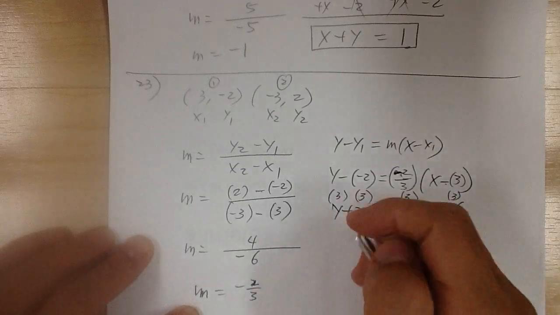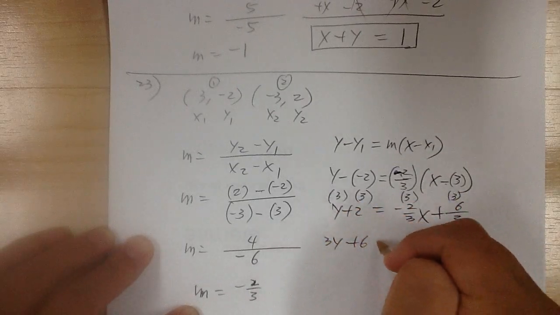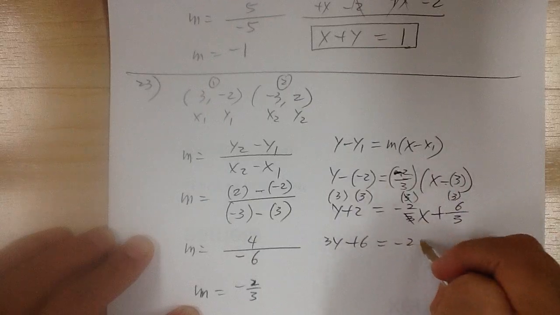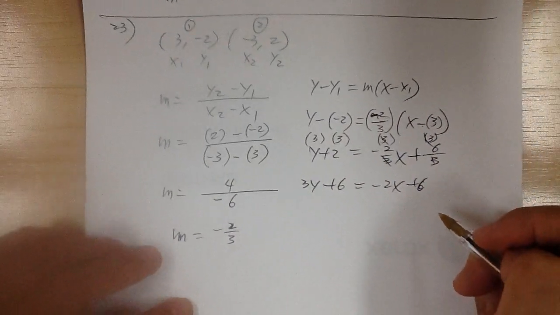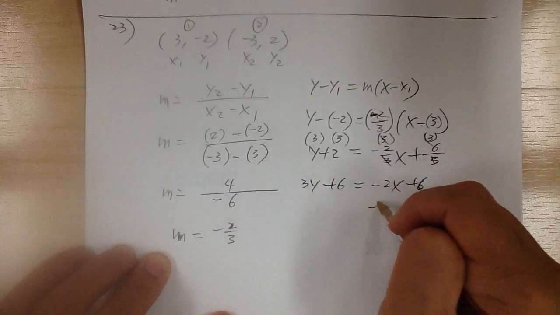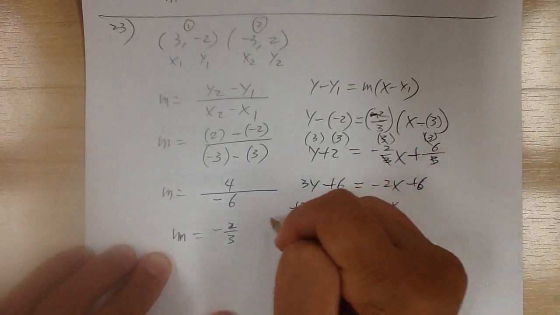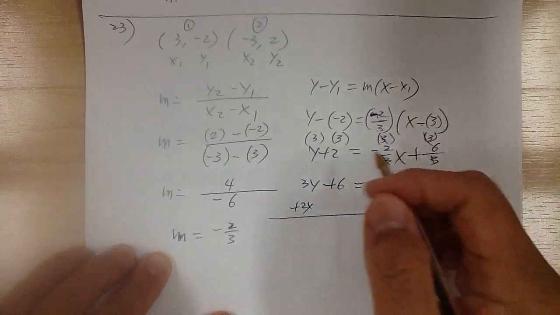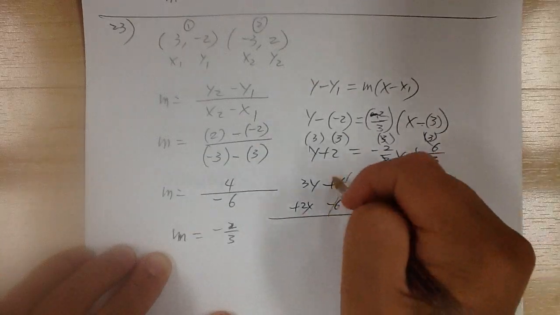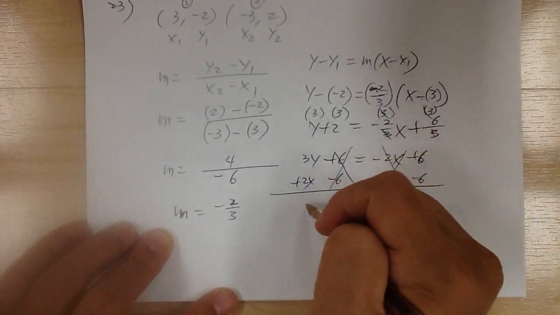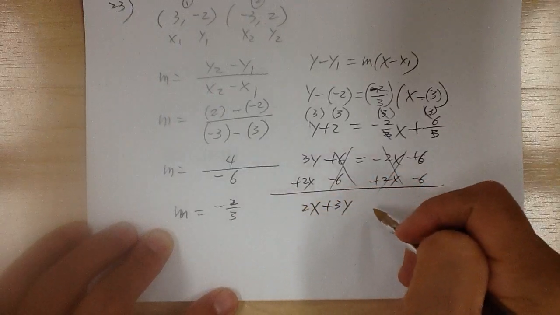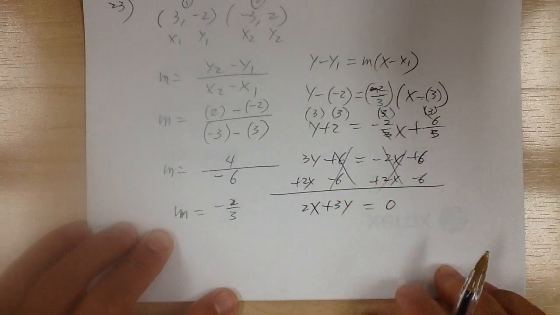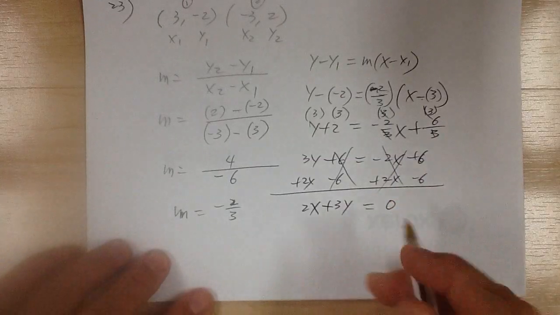So multiply by the common denominator, so you got 3y plus 6 equals -2x plus 6. Okay, so now move this over, so plus 2x. So this cancels out. Move this over, so minus 6 cancels out. So you get 2x plus 3y equals 0. Okay, and that's it.